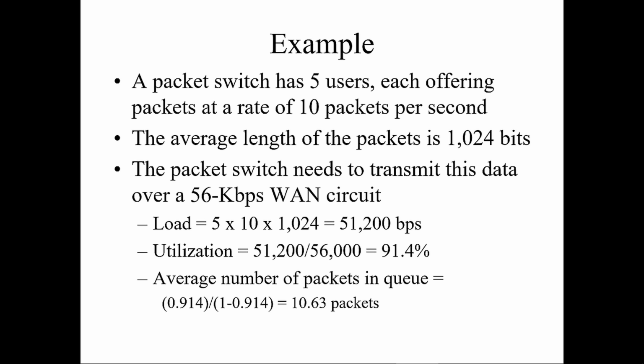Utilization is our load divided by the transmission bandwidth. Here we have our 51,200 divided by our 56K circuit. That means we have an average utilization of about 91.4%. So the average number of packets in queue is about 10.63 packets.